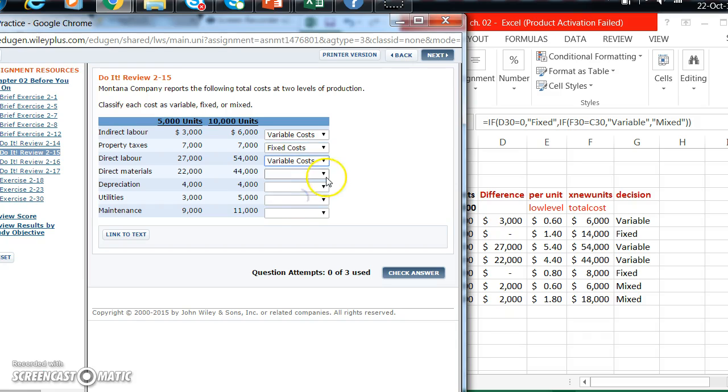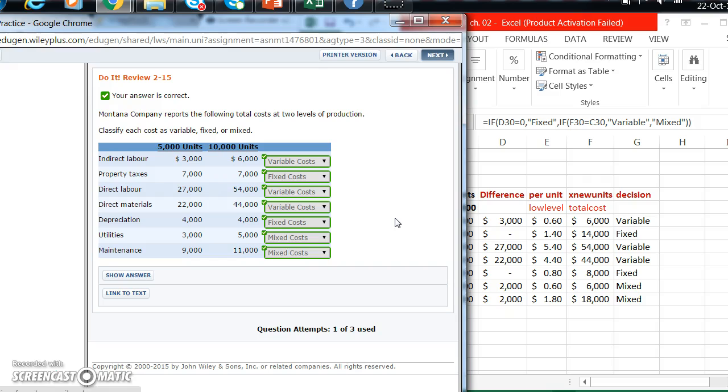We plugged variable, fixed, okay, utilities is mixed, and maintenance is mixed. We check again, variable, mixed, variable, fixed, mixed, and then we check the answers, and of course we'll get 100%.